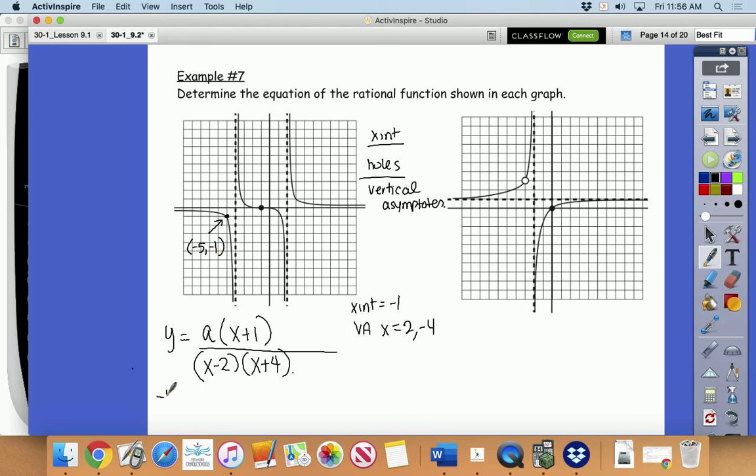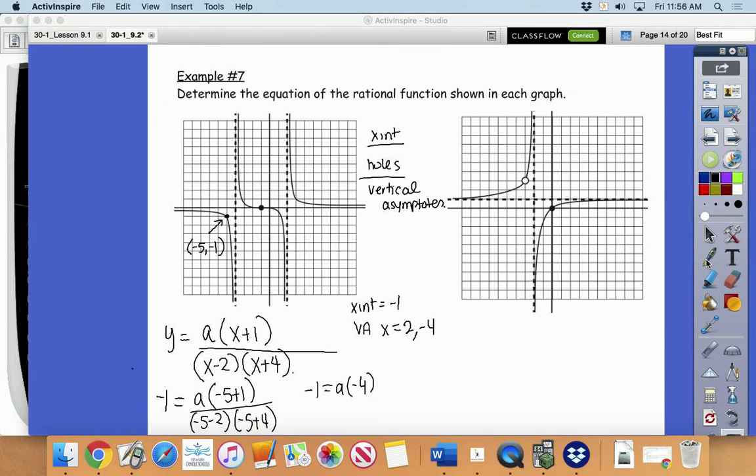So our y value is -1, our x is -5, and we're going to solve for A. So -1 equals A. We're going to work with BEDMAS, meaning brackets first. -5 plus 1 is -4, over -5 minus 2, which is -7 at the bottom.